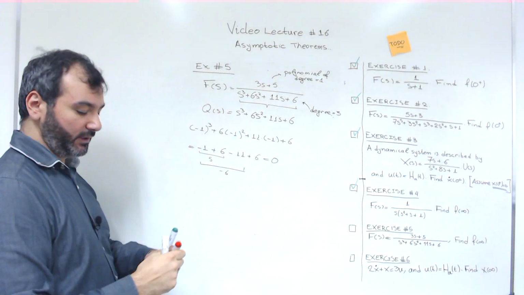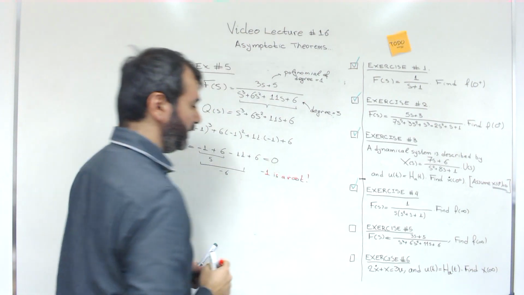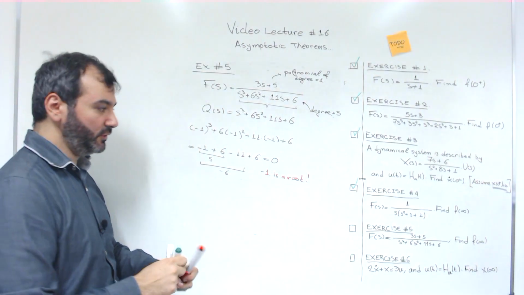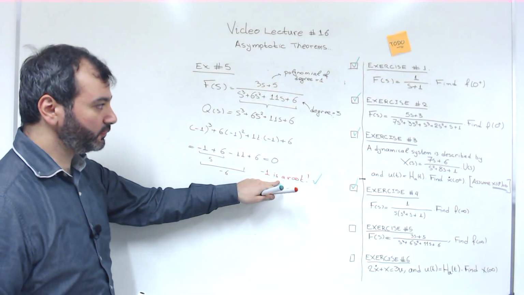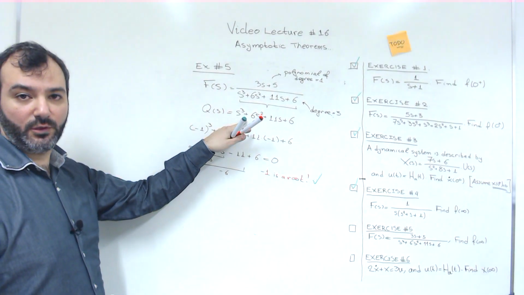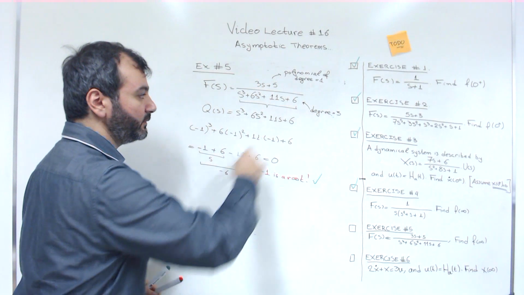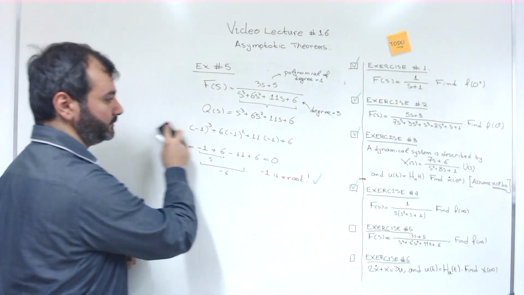So we figured out here that minus 1 is a root of this polynomial. Minus 1 is fine, so far so good. Another 2 roots to go. We have one root. This is a third order polynomial. According to the fundamental theorem of algebra, a third degree polynomial has 3 complex roots.